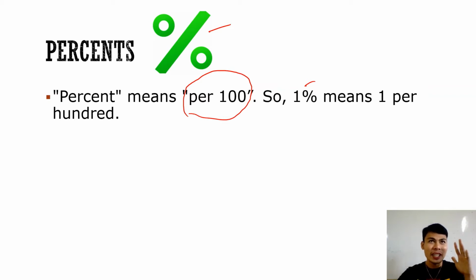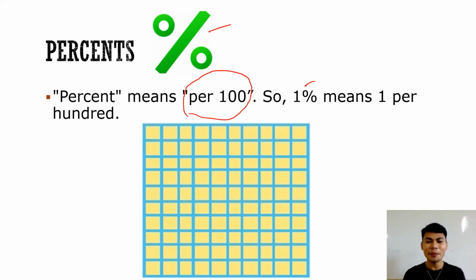If you are still asking for a concrete example, here we have 100 squares, 10 here and 10 there. 1% means this one shaded orange square. This is 1% of the 100, or 1 per 100. That is the concrete representation of percent.